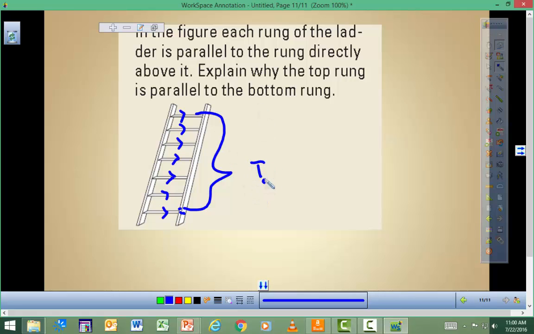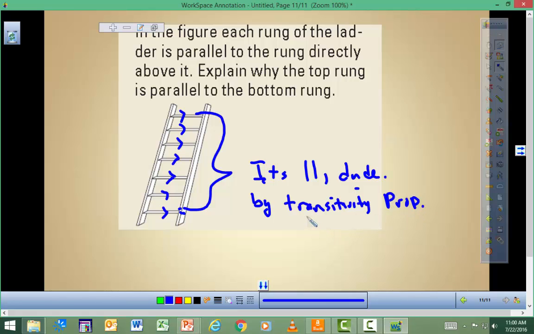Parallel by transitivity. This is a transitivity property for parallel lines, that's all.